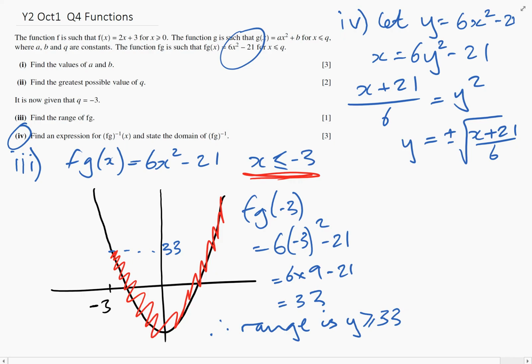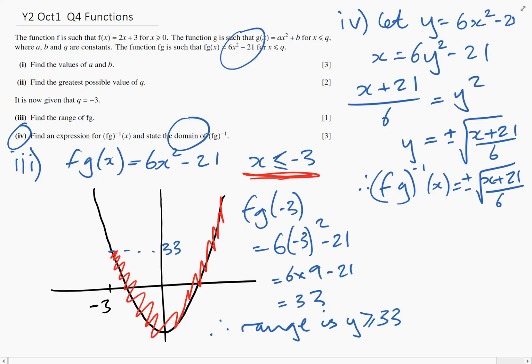And so therefore the inverse, fg to the minus 1 of x, is plus or minus the square root of (x plus 21) over 6. And the very last bit of this question says find the domain.